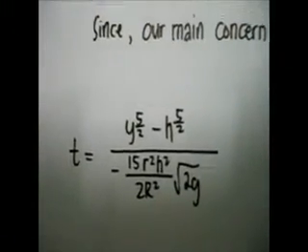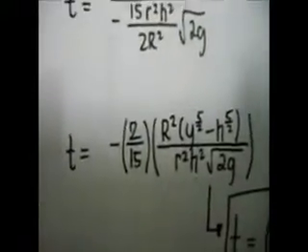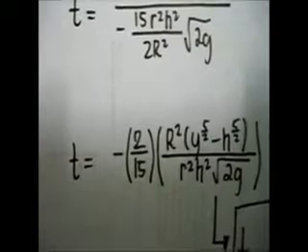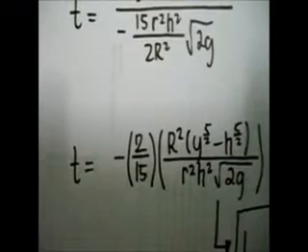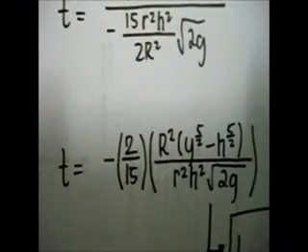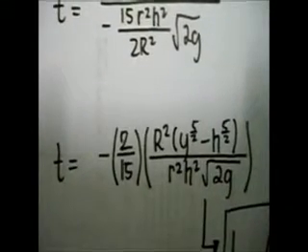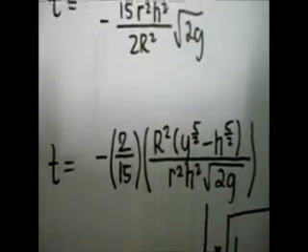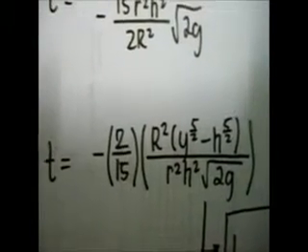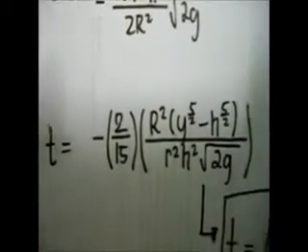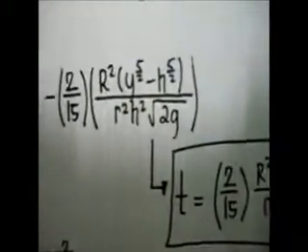Simplifying this further, we have t is equal to negative 2 over 15 times the quantity of R squared times y to the 5/2 minus h to the 5/2 all over r squared h squared times square root of 2g.